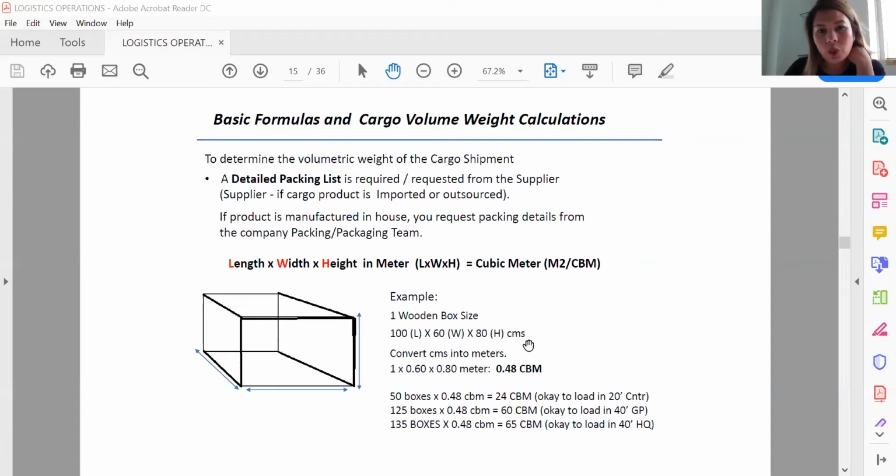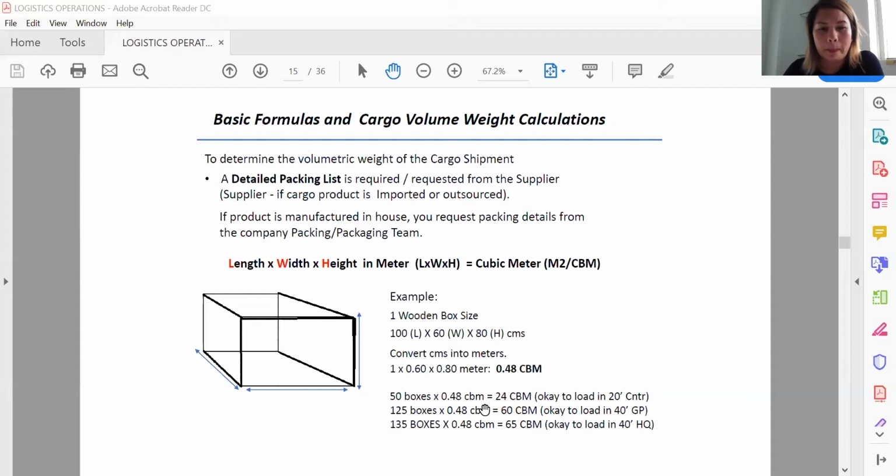To get the volumetric weight, you have to multiply the 3 dimensions: the length, the width, and the height. It is recommended that you receive the packing details in centimeter or in meter, so you don't have to convert it. Sometimes the packing details are received in other units, which is not good for you because you have to keep converting.